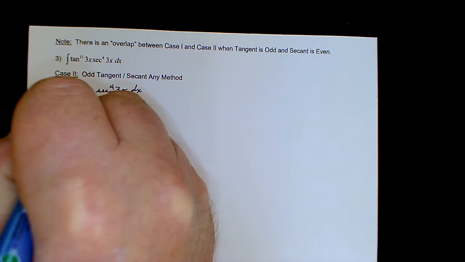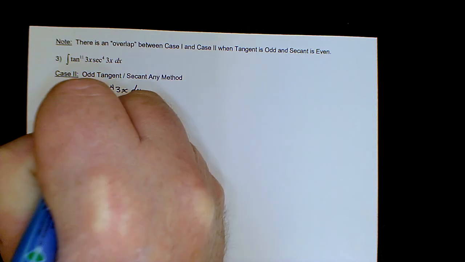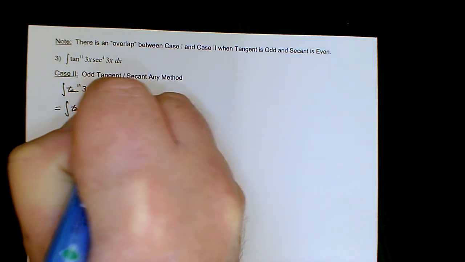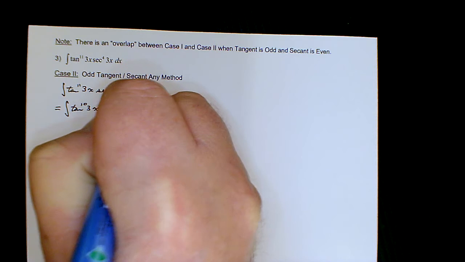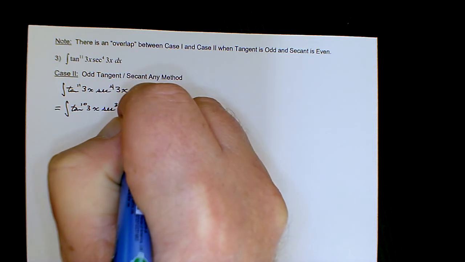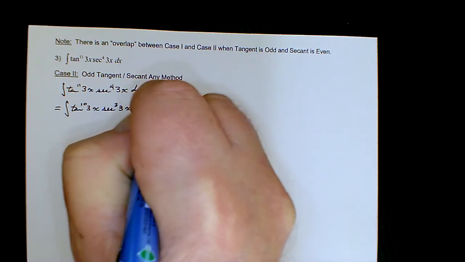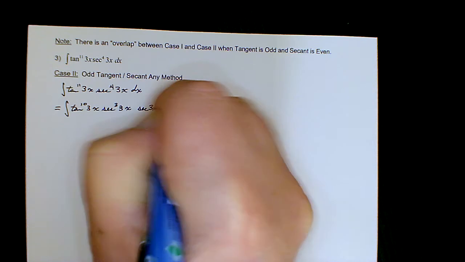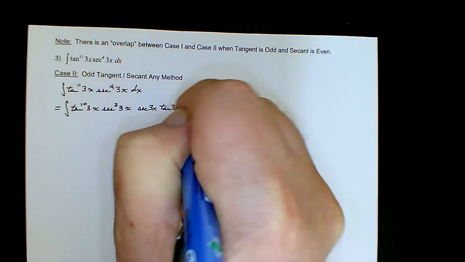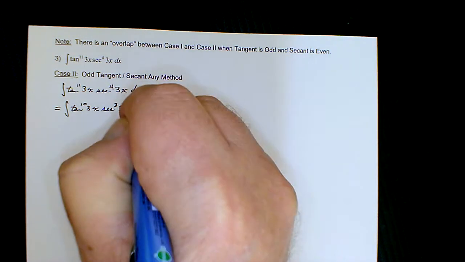So we're taking one factor of tangent away, tangent to the 10th of 3x, one factor of secant, secant cubed 3x, and we want to put them in the order. We don't want tangent secant, we'd prefer secant 3x, tangent 3x, because that's the way we memorize our formula for the derivative of secant.